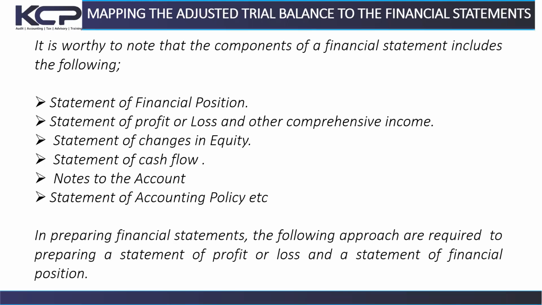Then we have statements of cash flow. This helps us to put into perspective what is the actual cash profit an organization has made per period, and the profit that has been made in the course of the accounting year. How has it been disbursed?